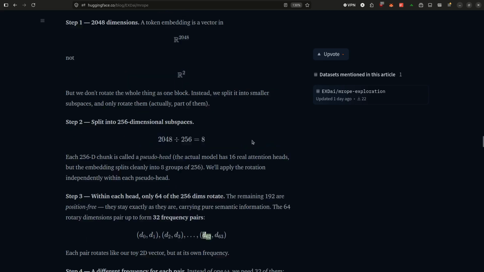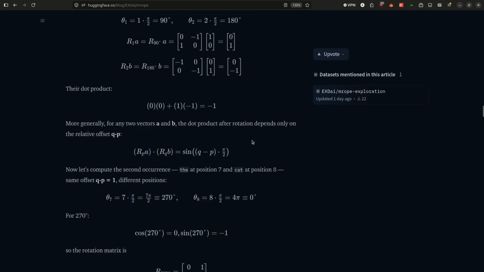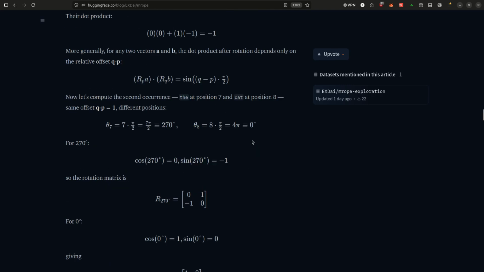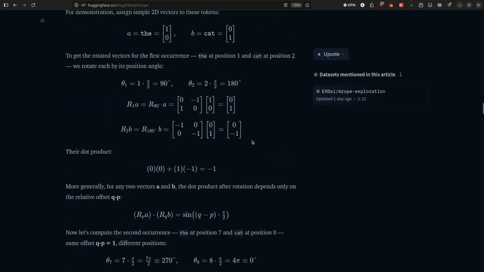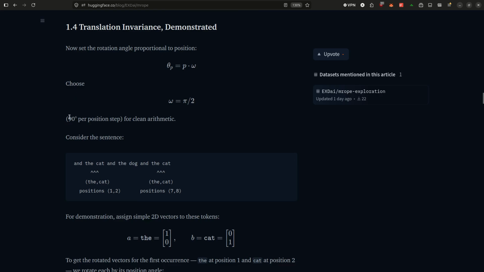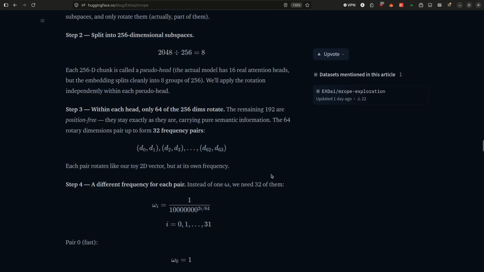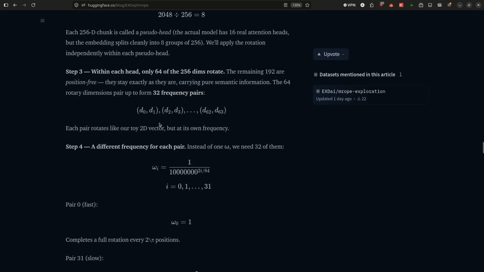Here's the rule. Remember, previously our rule was 90 degrees per position step, right? So we had a rule of some number of degrees per position index. What we do here is we don't have the same angle of rotation for each frequency pair.